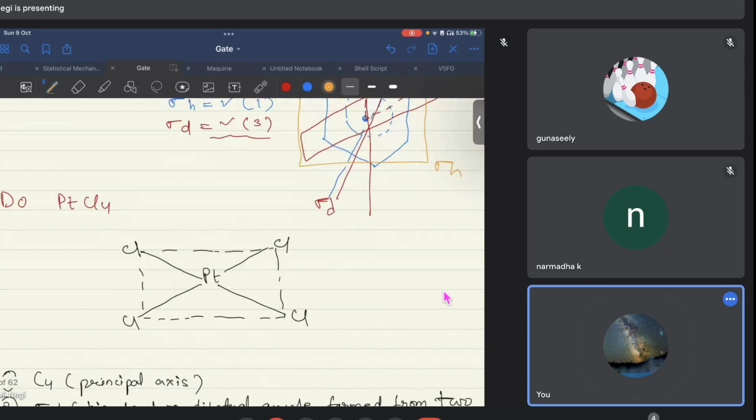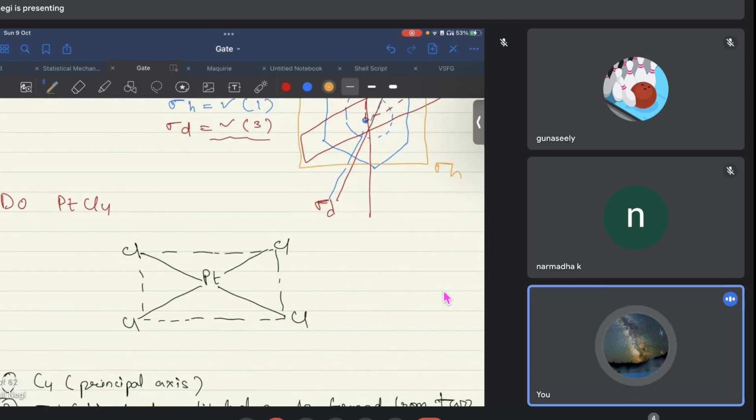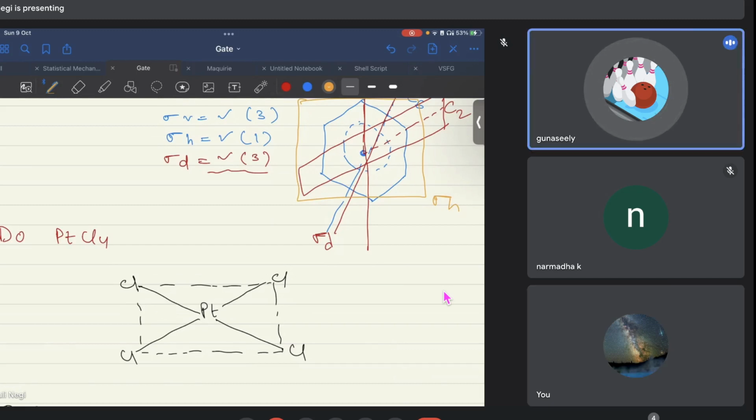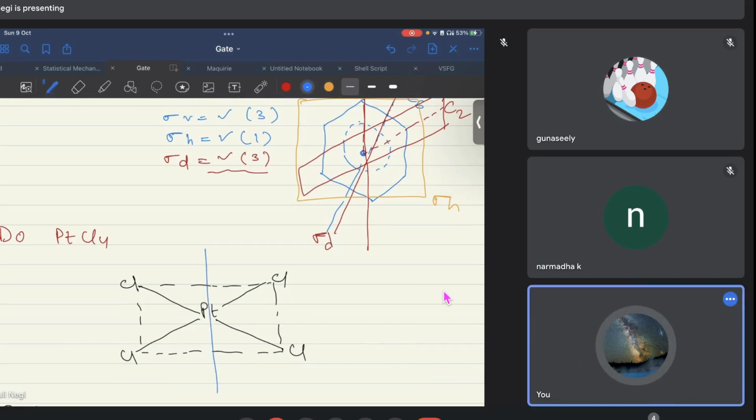Now for this molecule PtCl4, you can do it by yourself and find out what mirror planes are present here, and just find out the principal axis. So the principal axis that will be present here will be C4, ma'am. Correct. So this will be C4 passing through the center of the metal Pt, platinum.